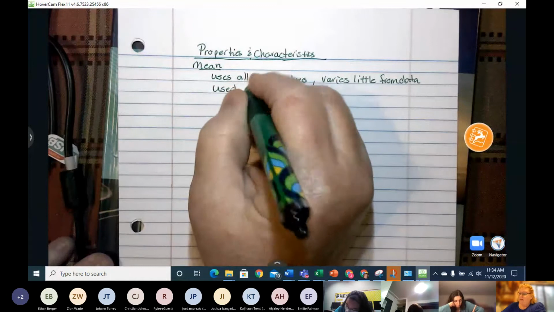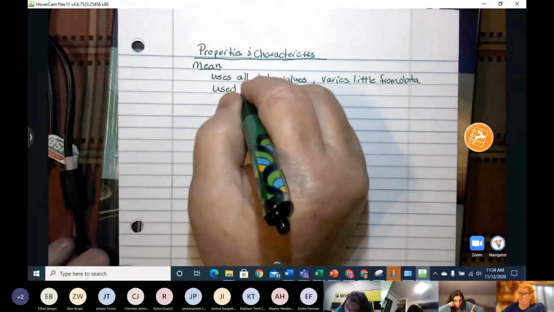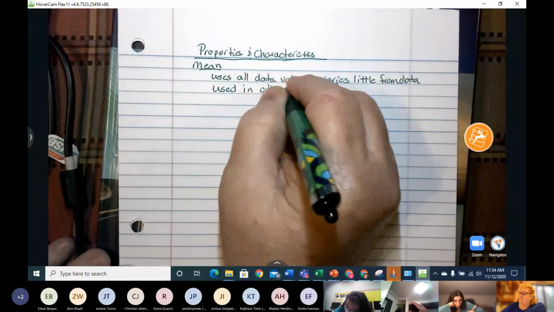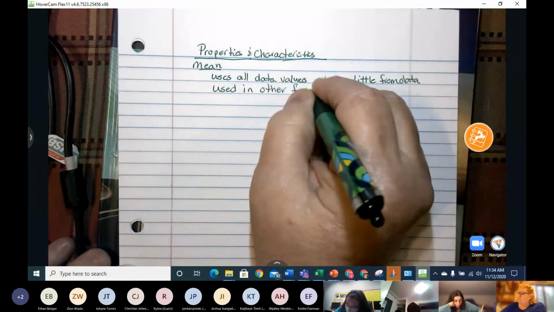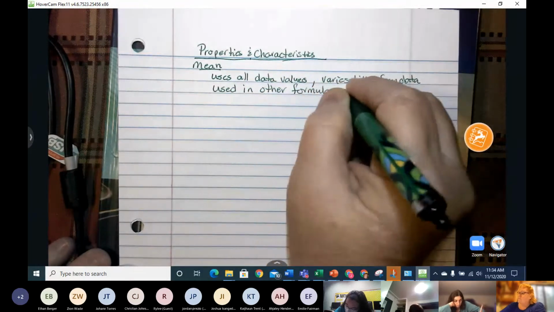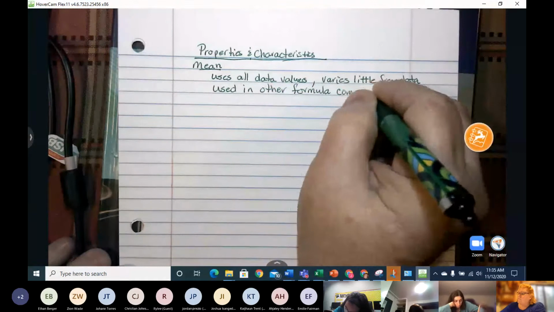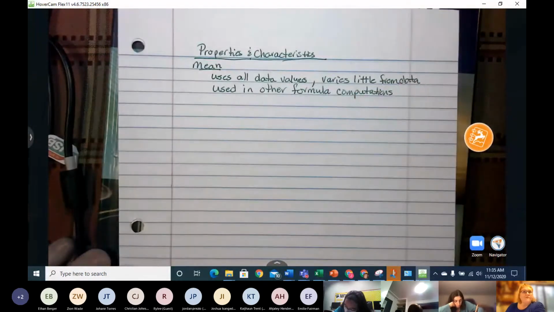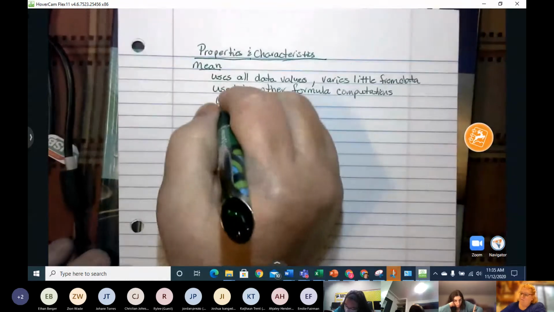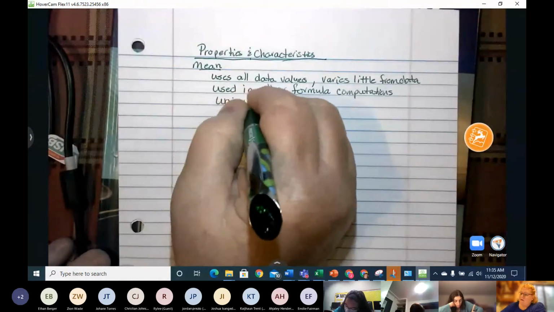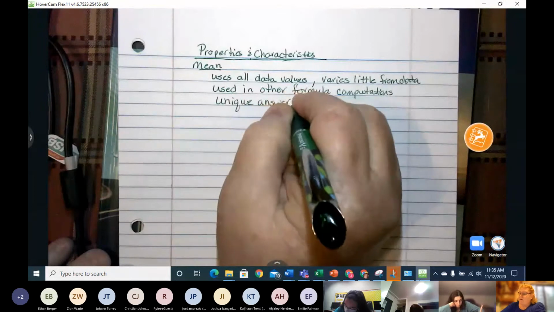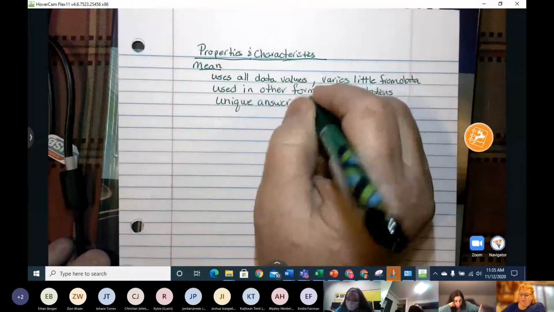It's used in computation and other formulas. So it's a very popular computation. It gives you a unique answer, not one of the data values.